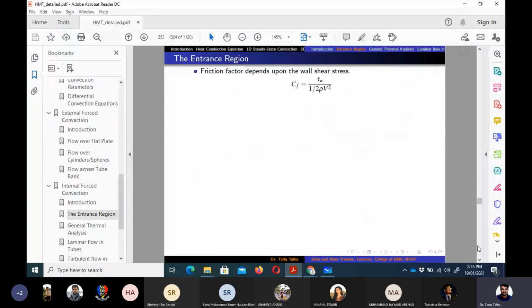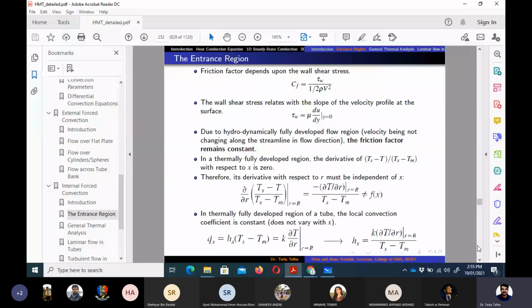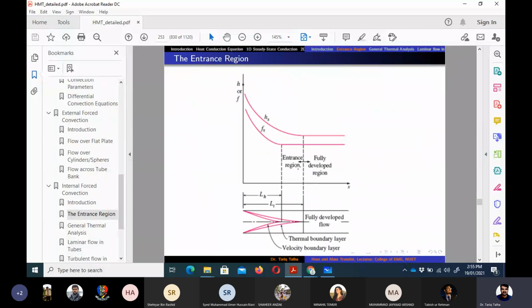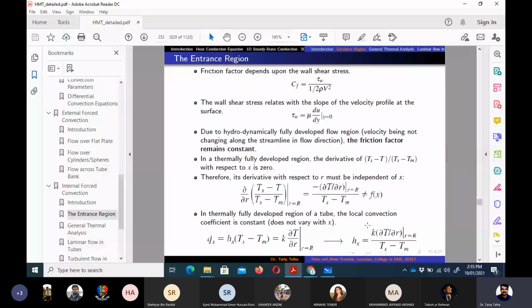And then in the last section of the class, we discussed that in the entrance region, the h value is higher because the velocity gradient at the pipe surface is higher there. Similarly, the Nusselt number or hx value is also higher because the temperature gradient at r = R, which is shown here, is higher in the entrance region.